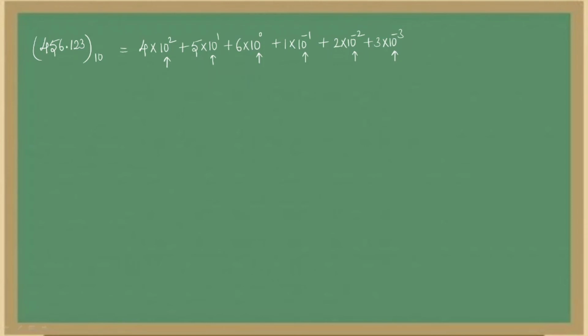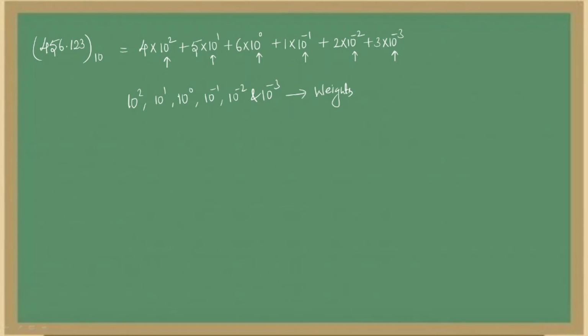Based upon its position from the radix point, you will get the weight. So 10 square, 10 power 1, 10 power 0, 10 power minus 1, 10 power minus 2, and 10 power minus 3 are nothing but the weights of the coefficients 4, 5, 6, 1, 2, and 3.